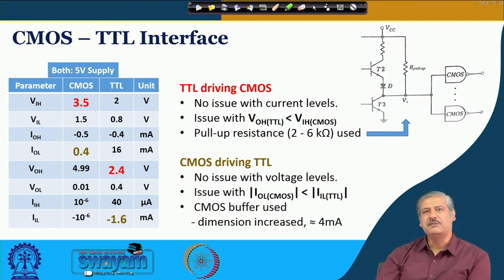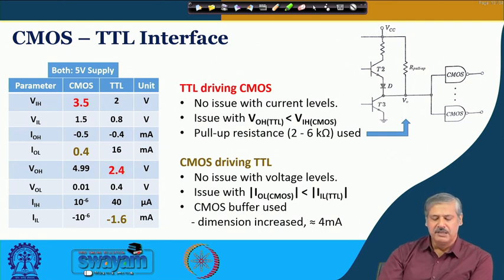So, then we need CMOS and TTL interface, right, and to get CMOS and TTL interface, when both of them are using say 5 volt supply, the corresponding parameters for input VIH, VIL, IOH and all.